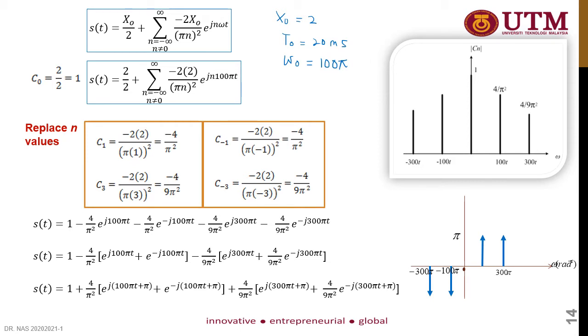Okay, so from the general equation, C0 plus summation of Cn e^(jn omega t), you can replace your omega with 100 pi. So then you replace x0 with 2. Okay.